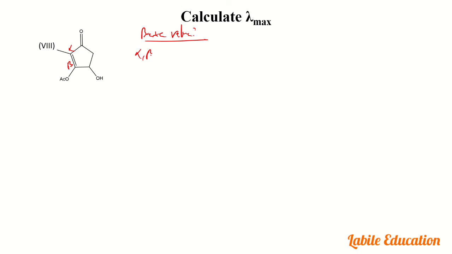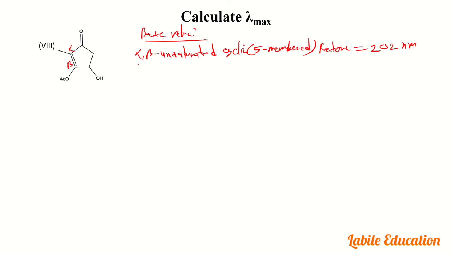So this is an alpha beta unsaturated cyclic, 5-membered ketone. For that the value is 202 nanometer. This is the base value for an alpha beta unsaturated cyclopentanone, the 5-membered ring.